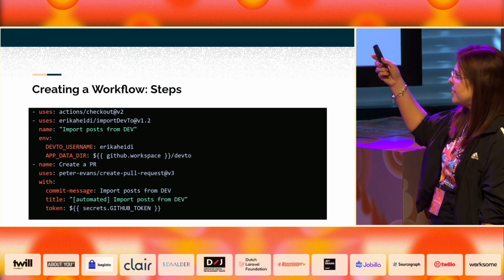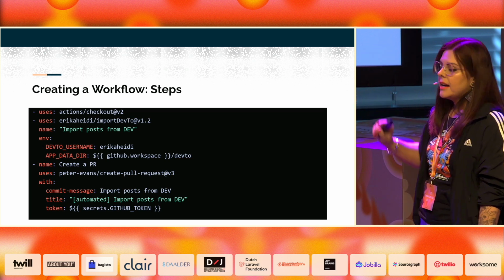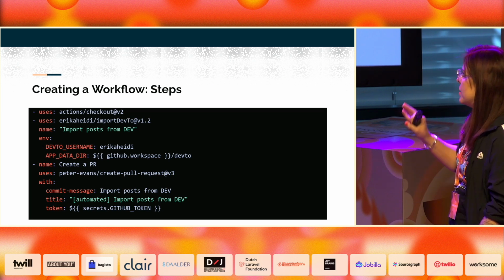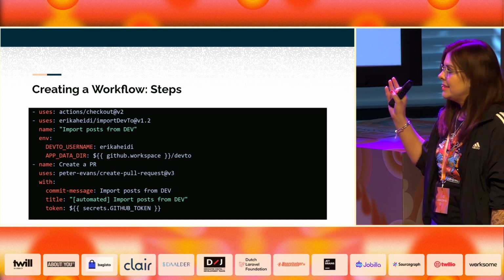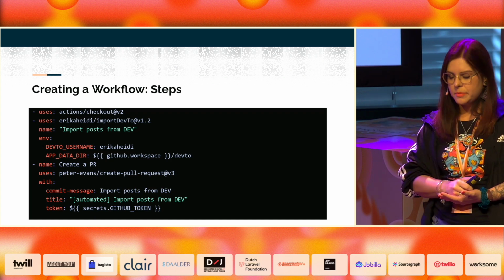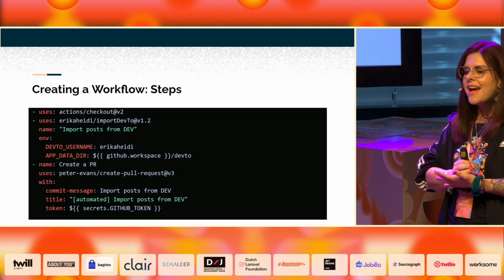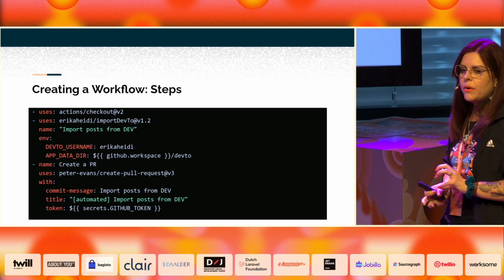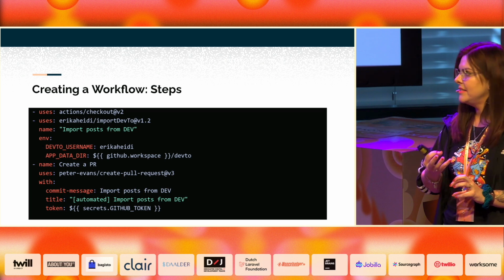So the first action there, actions/checkout, uses github.workspace to check out the files for this repository. So we want to save the files in a subdirectory called devto inside the GitHub workspace. This will make sure that we actually have a difference, a diff, between the checkout repo and after we run the app, the markdown files added.